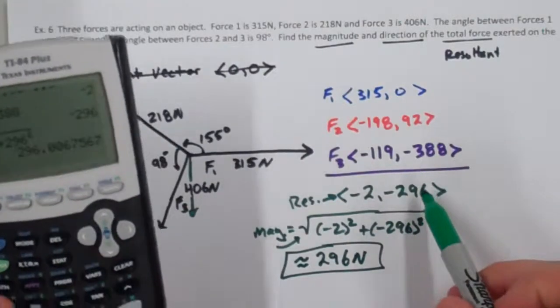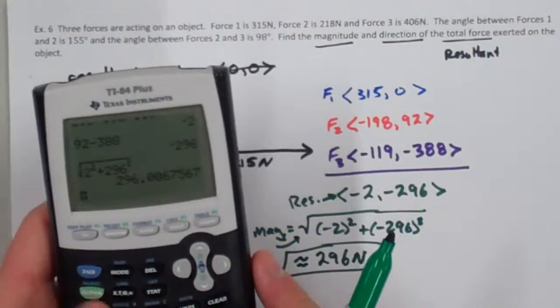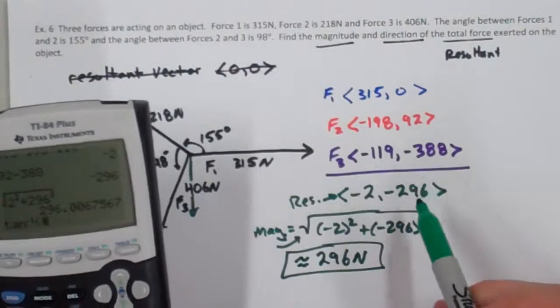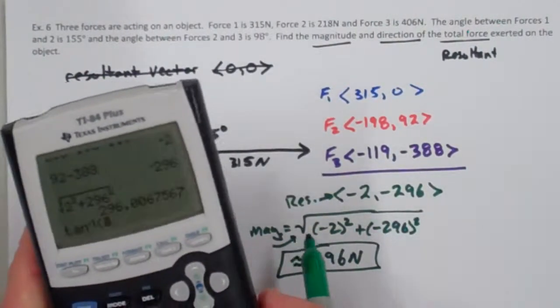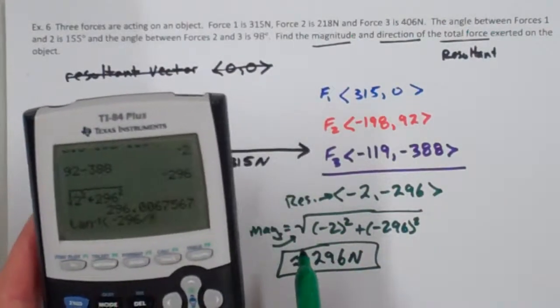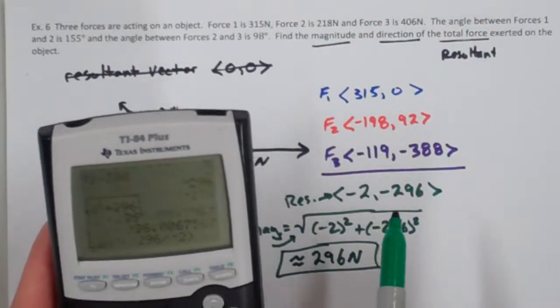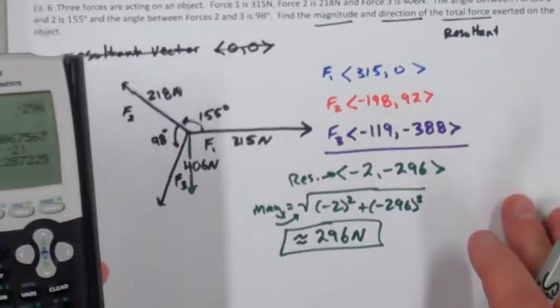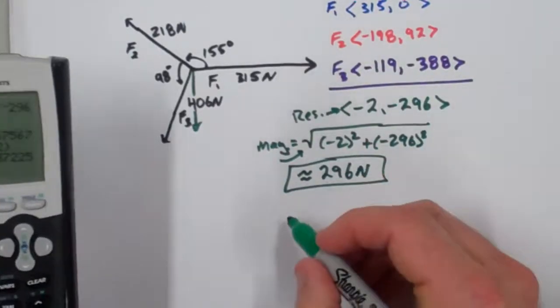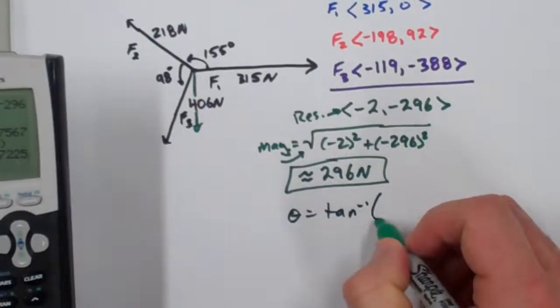This one's a little tricky, but if you remember finding the angle from polar, we used the inverse tangent because we have a y and an x. So we'll do the inverse tangent of negative 296 divided by negative 2, and we'll see what that is. Remember, theta is equal to the inverse tangent of y over x.